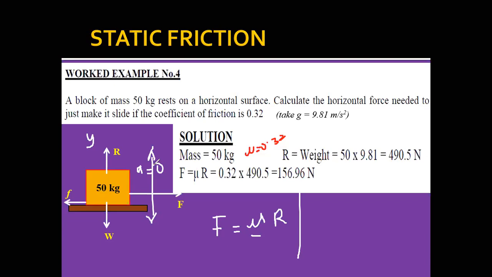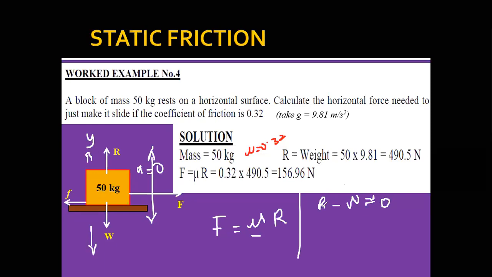They balance out. So if you like, you can write R minus W is equal to 0. In other words, you are applying Newton's second law of motion. The forces in the vertical component: R is positive and W is negative.